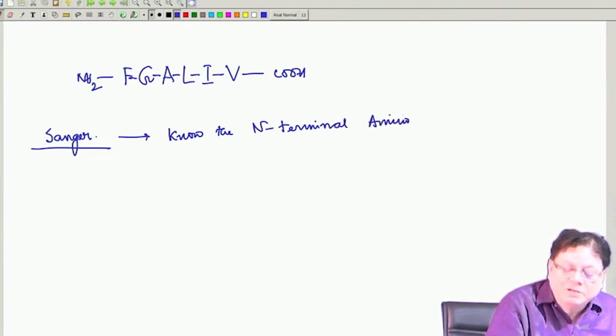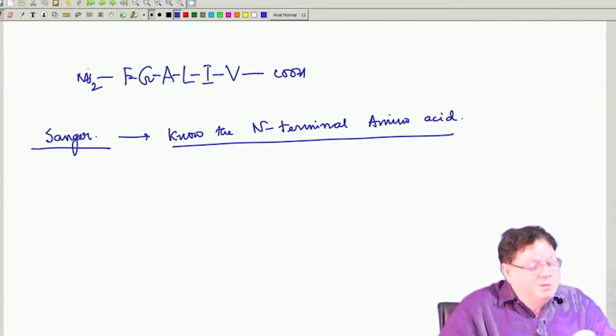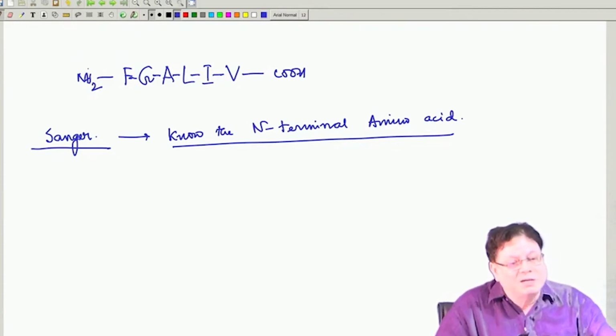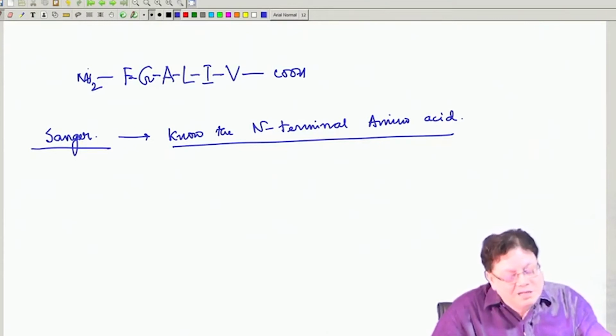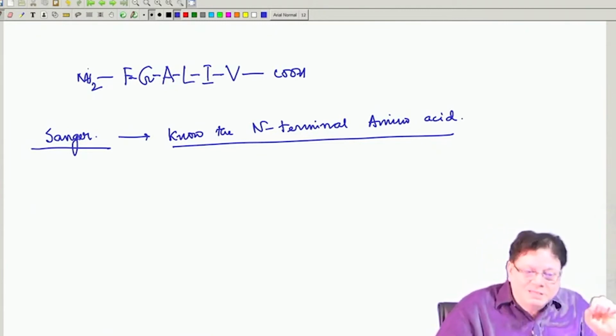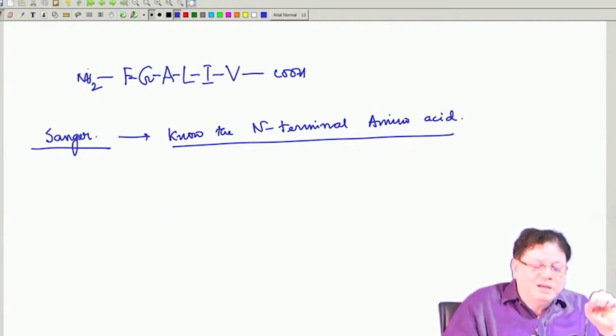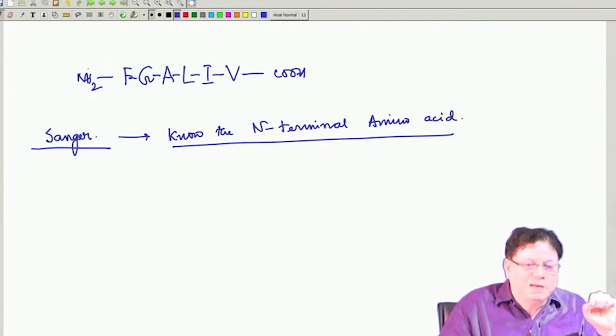So, he developed a method which can be used to know the N-terminus amino acid. That means if I use Sanger's method, I only know what is the first amino acid from the N-terminus end, that means from the left side. Okay. But this method is not applicable to know the other amino acids. So, that is the drawback, but anyway this is a significant achievement at that point, that is, what is the first amino acid to begin with. Okay.